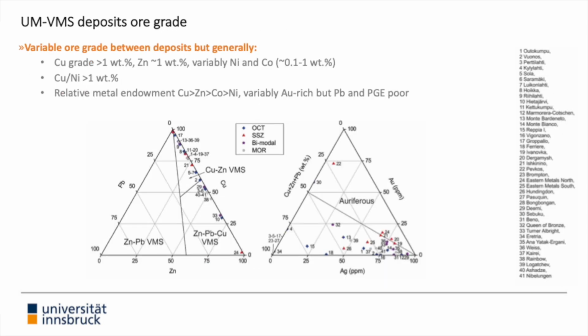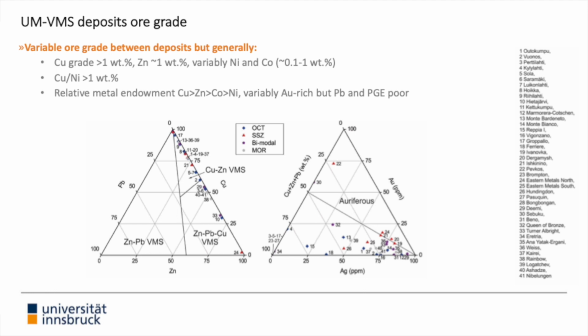About the ore grades, they mostly classify as copper-rich deposits, which is very similar to the mafic-hosted VMS deposits. The copper grades are usually over 1 weight percent, where zinc is a bit lower, and the nickel and cobalt enrichment is quite variable. You have a high copper to nickel ratio, and you often have some gold enrichment as well.